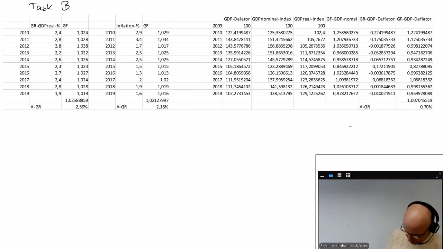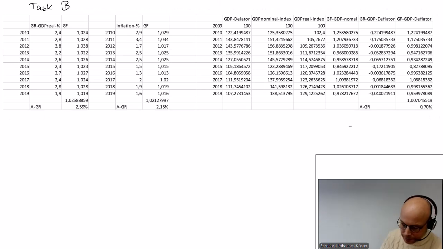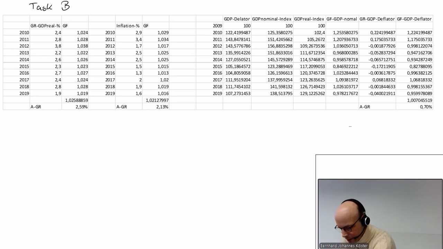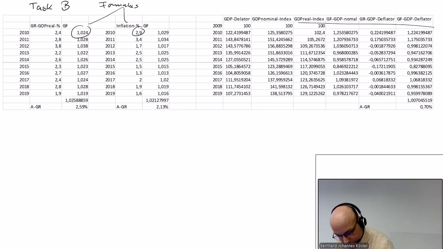There it is. And now what do we need? Here. And especially, I would say this one, the formulas.